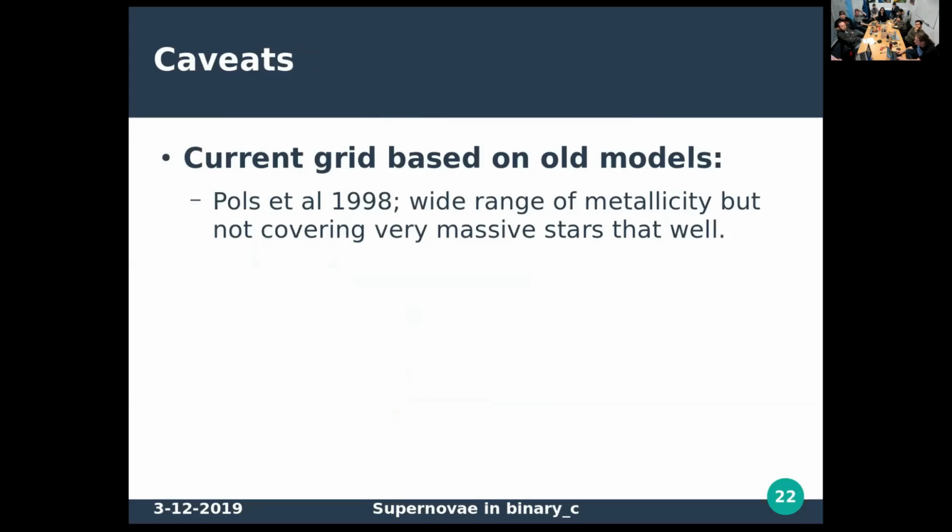So one of the caveats that is apparent in this is that all these models are based on the work of Pols, the stellar evolution, which covers a very wide range of metallicities, but does not go to very high mass stars, only 50 solar mass.